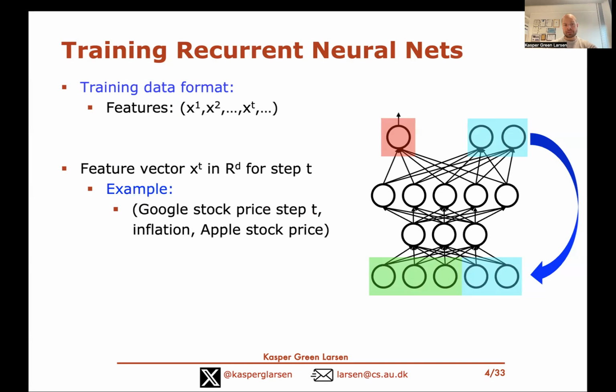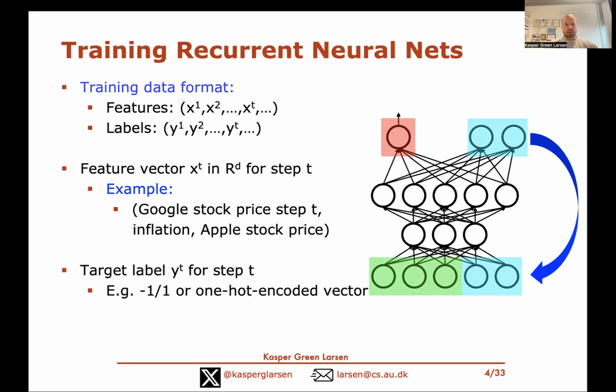Such a feature vector could contain the Google stock price at this step t, the current inflation at step t, the Apple stock price at step t, just to give an example. Okay. The labels for such a task, at least in the most general setup, is that we also have a label for every single step. And this is in some sense the target label that we want to predict at the end of step t.